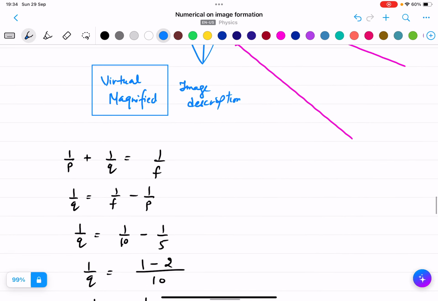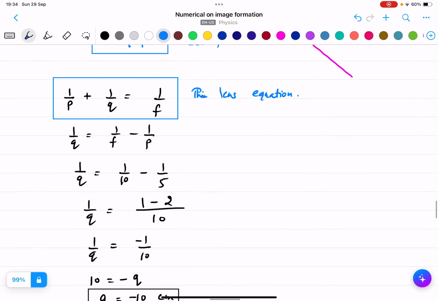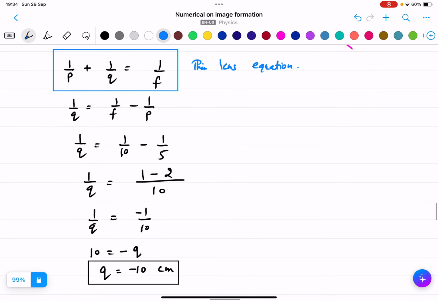We will use the same formula, 1 by p plus 1 by q equals 1 by f. This is your thin lens equation. And 1 by q equals 1 by f minus 1 by p. What is given to you? q we need to find out, and focal length is 10 centimeter. Object distance is 5 centimeter.